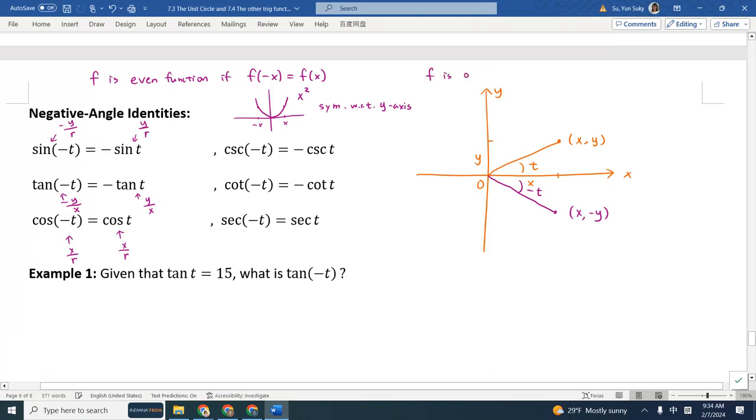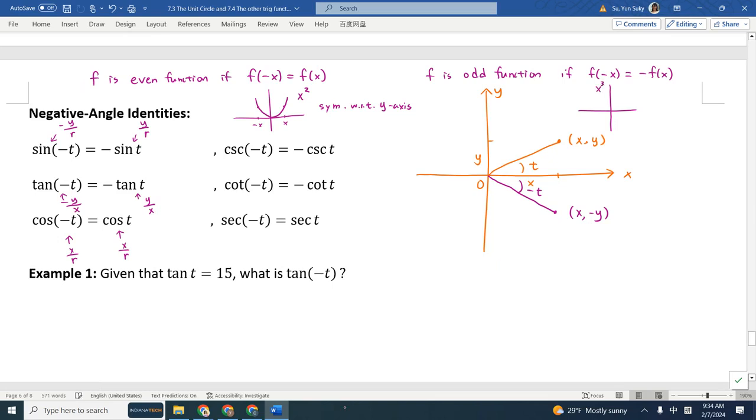And f is an odd function if f of minus x is negative f of x. Can you give me an example of an odd function? x cubed. Yeah, everybody? For x cubed, if x is here, that's the y. And if minus x is here, you get minus y.